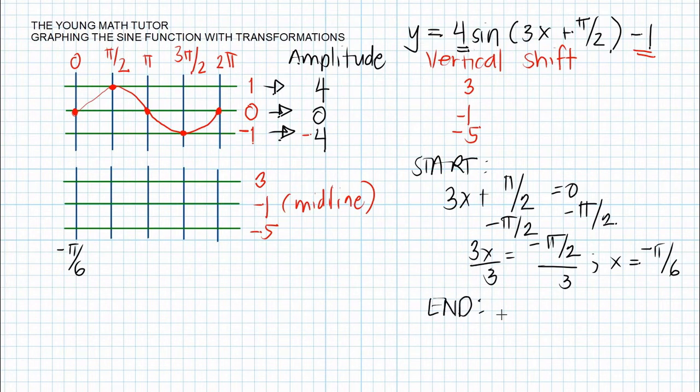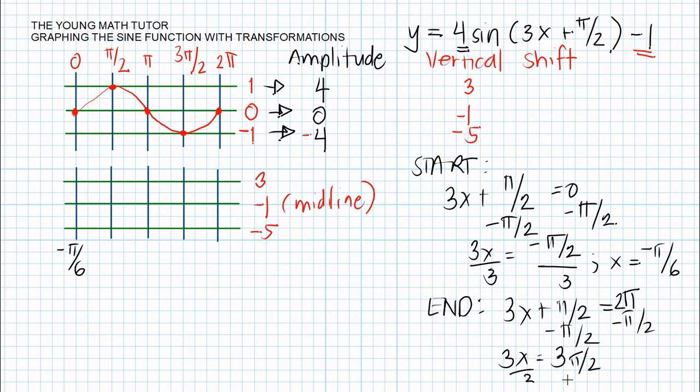Now let's try to determine the end of our function. So that's 2 pi, right? So we have to equate 3x plus pi over 2 with 2 pi. I mean, it's not the end of our function, it's the end of our period. So what we can do is subtract pi over 2 from both sides, and that will give us 3x equal to 3 pi over 2.